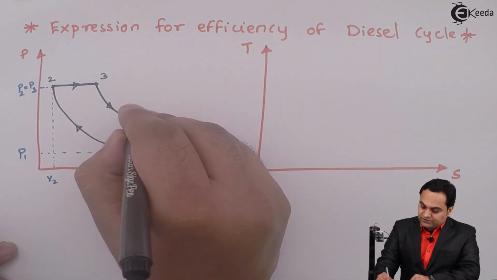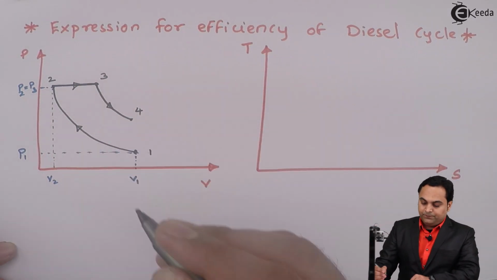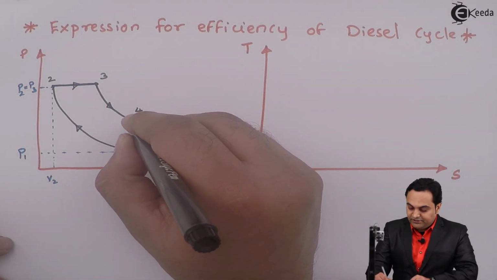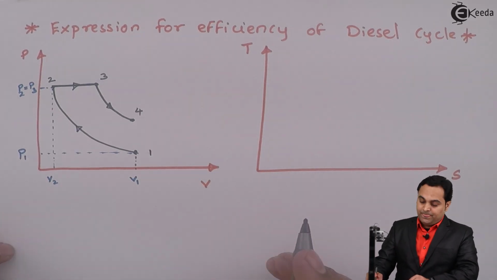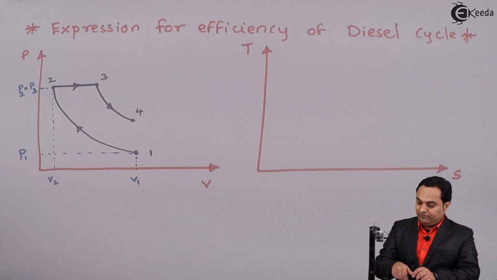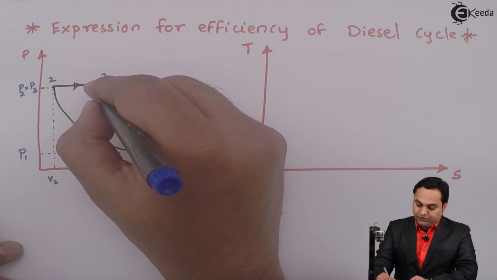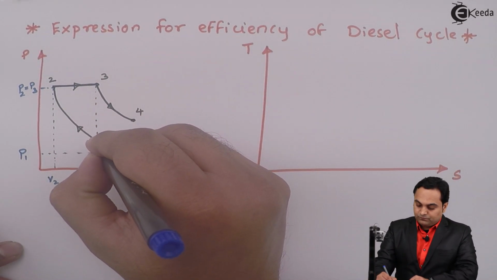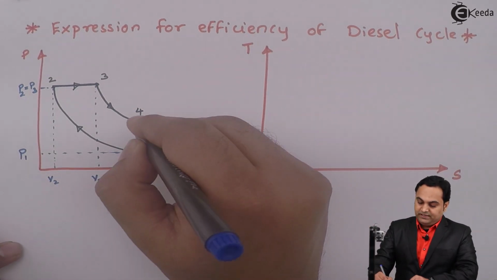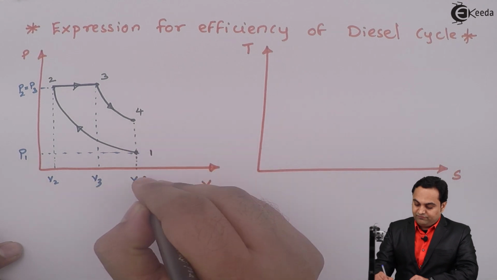So this is process 3 to 4 in which we are getting reversible adiabatic expansion process. Now during the expansion process, volume increases from V3 up to V4. At point 3 the volume is V3 and here the volume is V4.